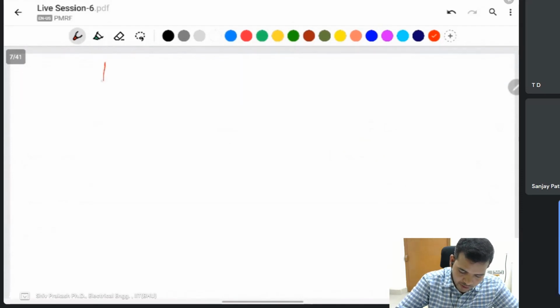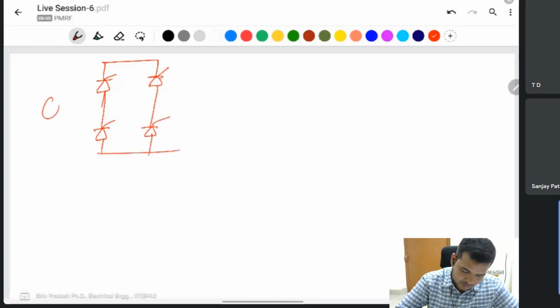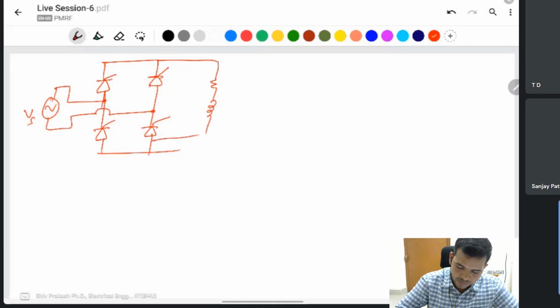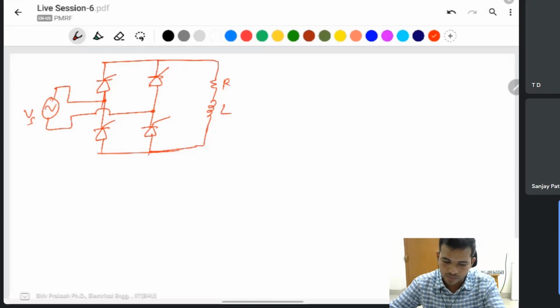It means in an RL circuit, if a thyristor is present like this, the current waveform is not purely sinusoidal.